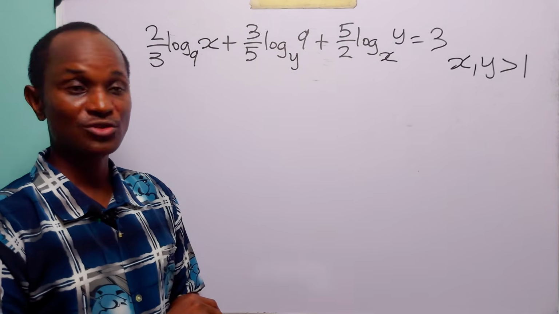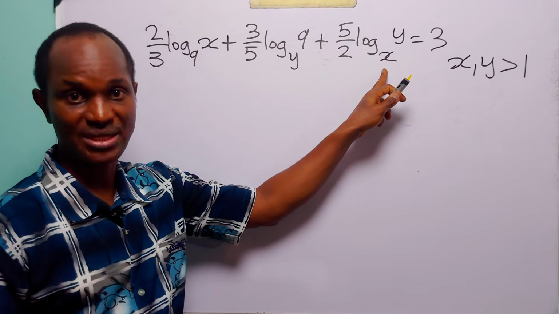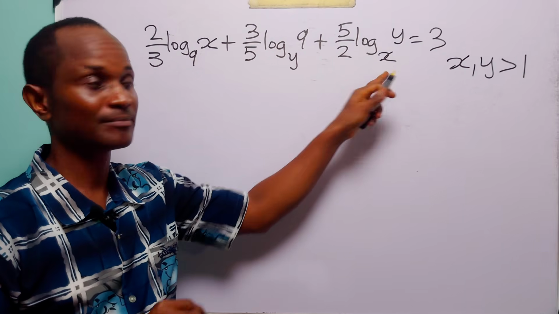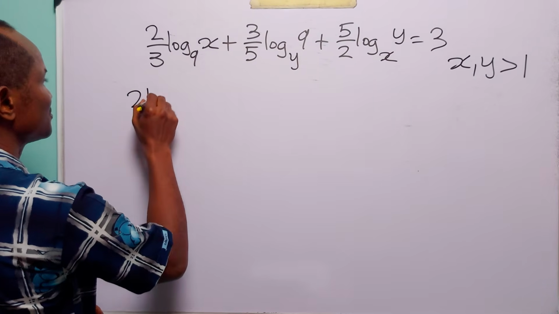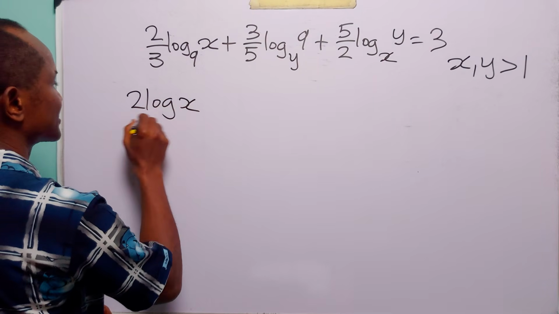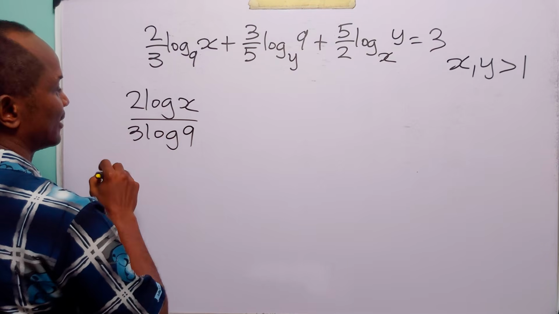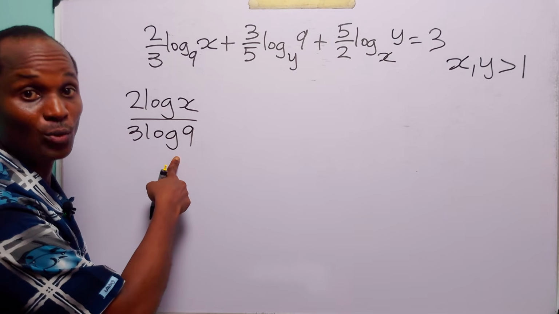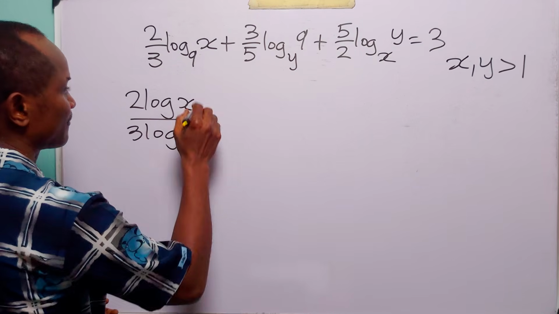Now, the first thing we are going to do is to change the base of these logarithms into a common base. We are going to work in base 10. When we apply the change of base formula to this, we have 2 times log x divided by 3 times log 9. Of course, you know that when we write log without specifying the base, it means we are working in base 10.